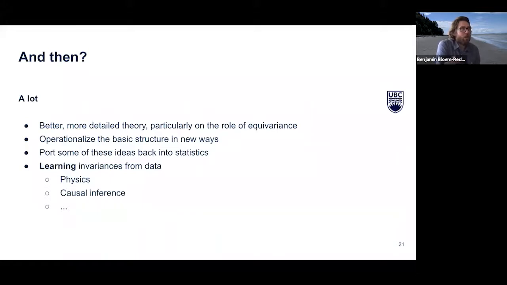But there are still some open questions, and this PAC-Bayes bound tells part of the story, but I don't think it really gets to the heart of the matter, especially with the role of equivariance.